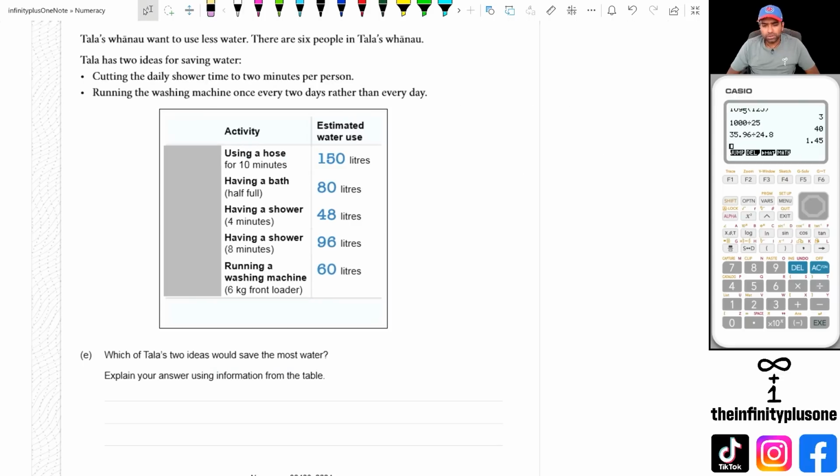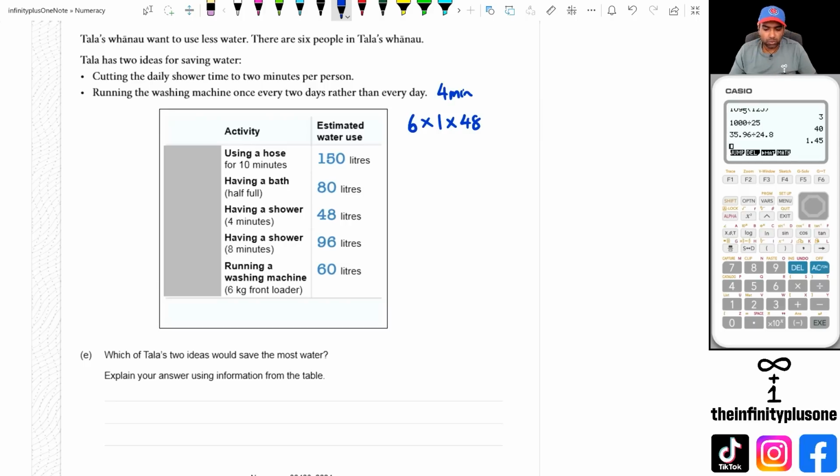Now, for this question here, we can see that probably the best option is going to be the shower, and I'll show you folks why. Currently 4-minute showers take 48 liters. So if we do 6 people, and over one day, let's say they each do 1 shower at 48 liters, this is for the 4-minute shower.